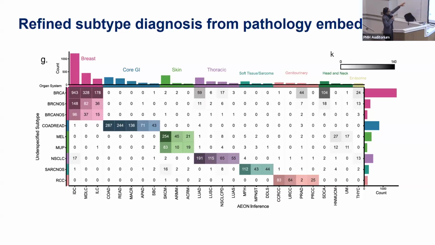When we classify them into their granular subtypes on the x-axis, you can see that they break down nicely into ductal and lobular carcinoma, et cetera. So you get the histology right from the image where the pathologists had not entered that information into the record, giving a little more precise histological information.